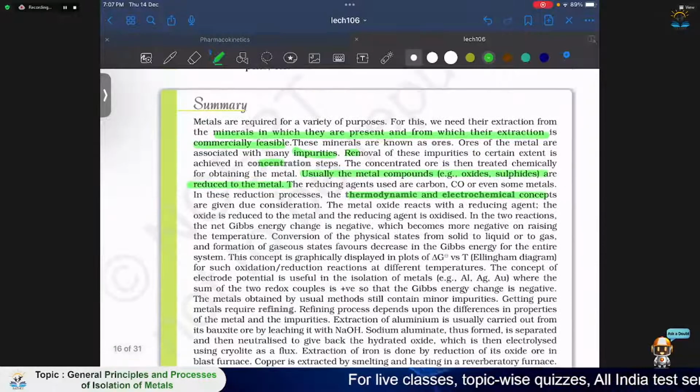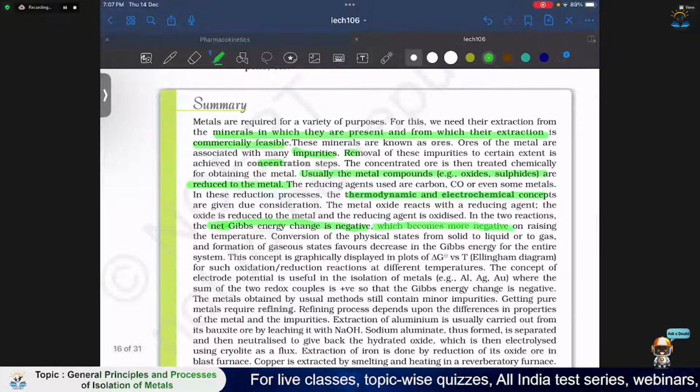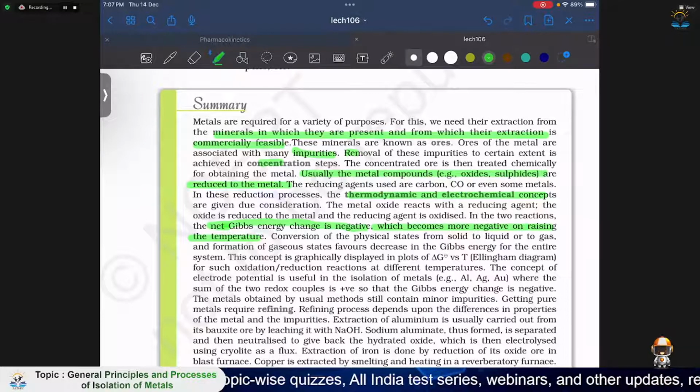We have seen Gibbs energy change. The net Gibbs energy change should be negative, which becomes more negative on raising the temperature. So we had seen both these factors: total negative Gibbs energy change and the effect of temperature on making it more negative.